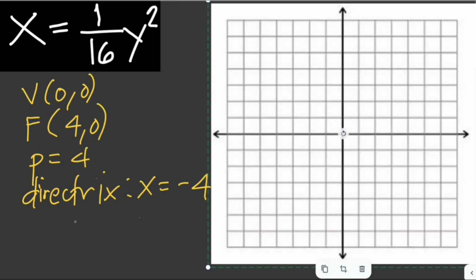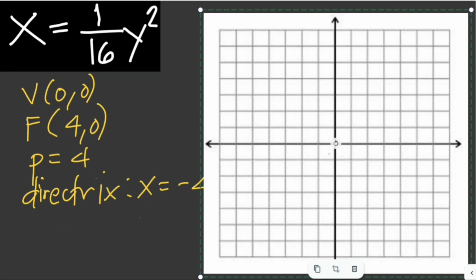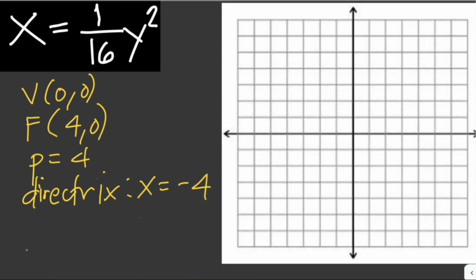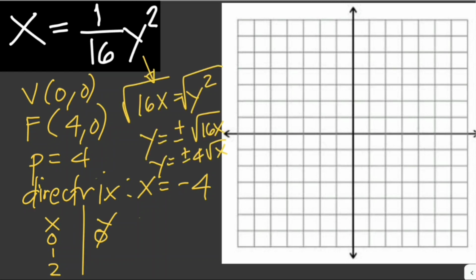And now we can assign values for x. Let's say our x values are 0, 1, 2. When x is 0, y is 0. Actually, you can write this equation in terms of x, so y in terms of x.